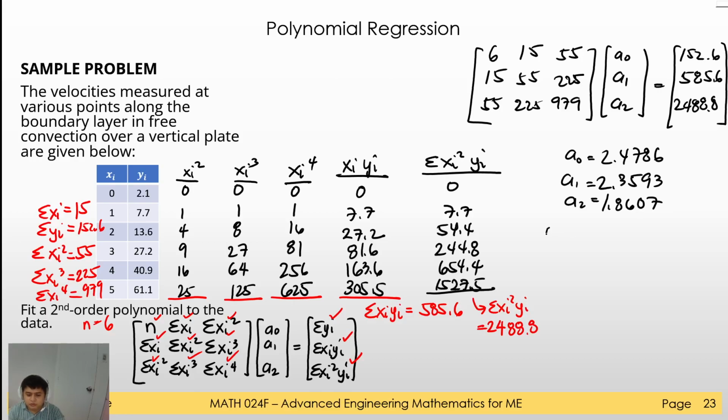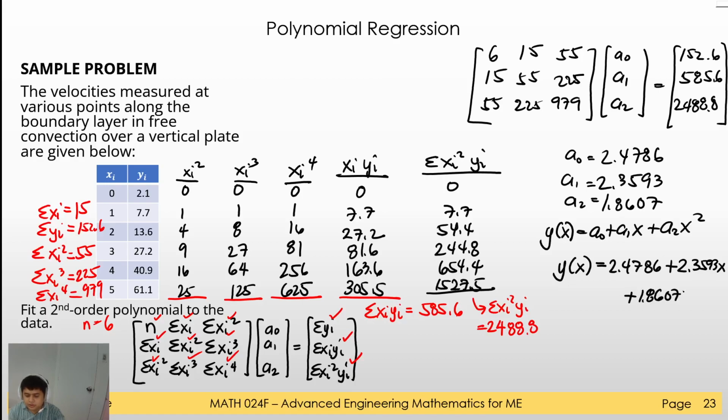So therefore, if your regression function is a naught plus a1x plus a2x squared, then your second order polynomial regression function is 2.4786 plus 2.3593x plus 1.8607x squared. So this will be your final answer.